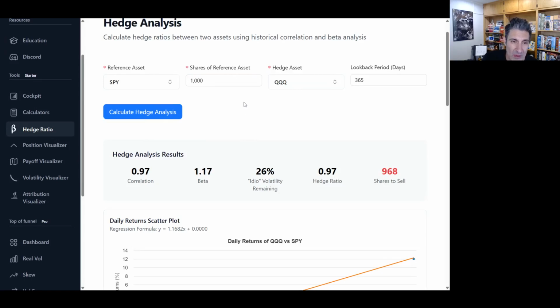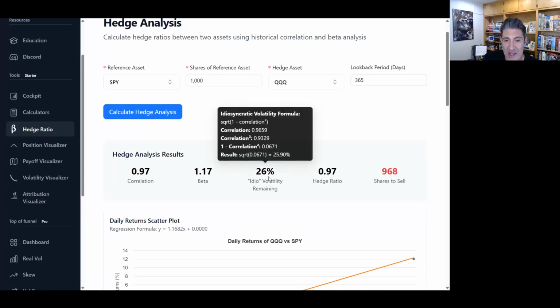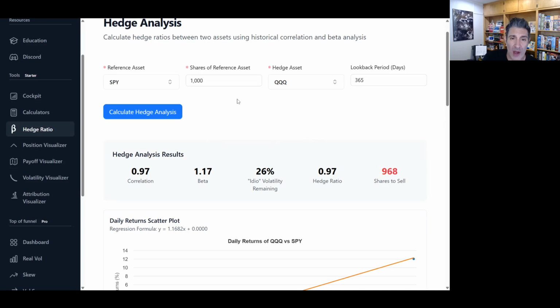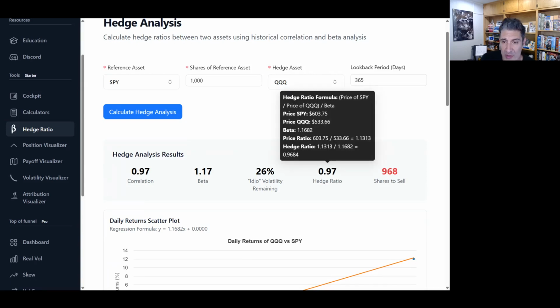So if you have 1,000 shares of SPY, SPY's about $600, so $600,000. Your daily standard deviation in SPY is about $10,000. If you hedged with Qs, you would mitigate about 75% of the risk. If you were long $600,000 worth of SPY, you need to use this hedge ratio. So you need to sell 968 shares of QQQ, and QQQ is $533.